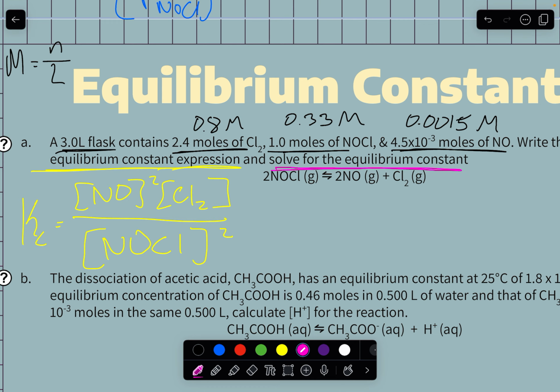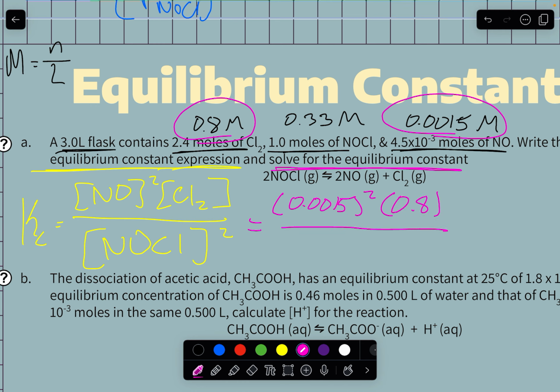Now to solve for it, we're going to plug things in. So our NO, we said had a concentration of 0.0015, and this term was squared. Our Cl2 is 0.8, divided by our NOCl is 0.33, and that was squared.